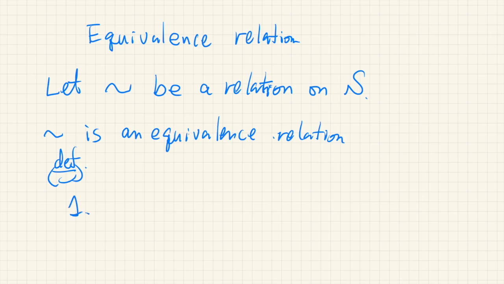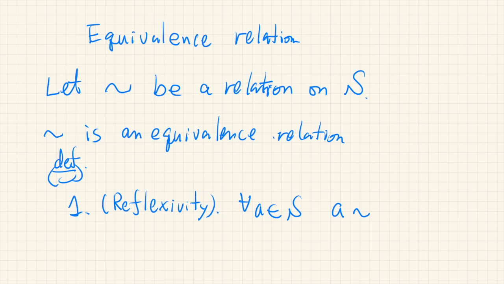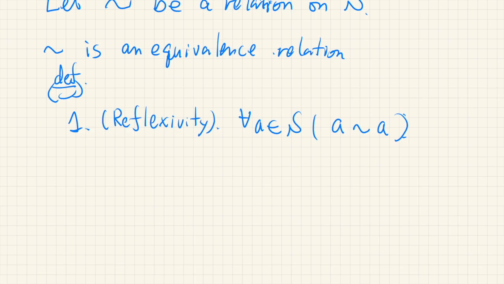First is called reflexivity. That is, for all elements A in S, we have A is related to A itself. This seems trivial, but this doesn't hold for the less than relation, for example.